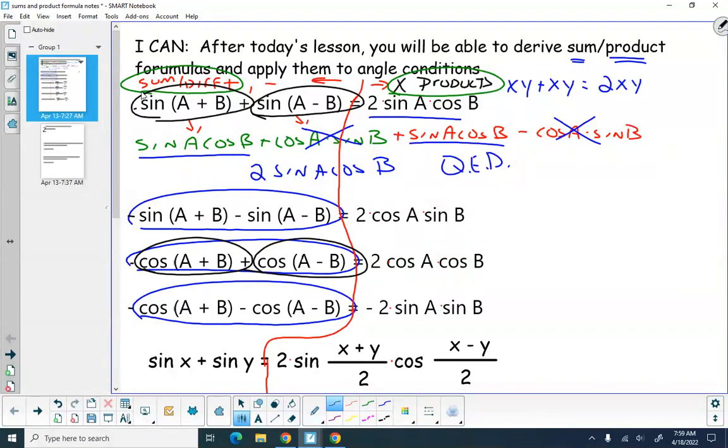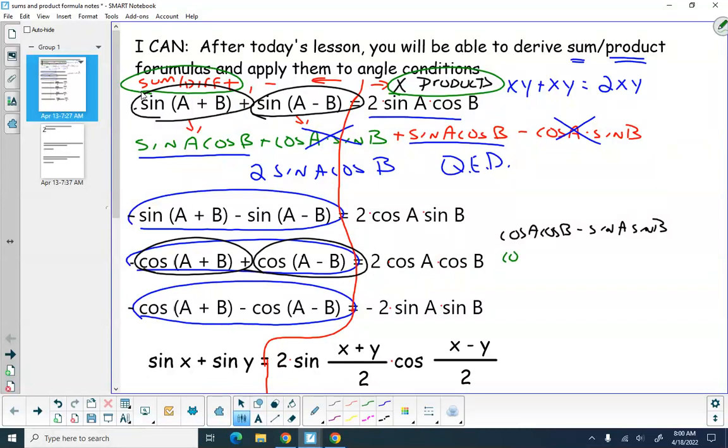If I take a look at the cosine of a plus b and the cosine of a minus b, cosine of a plus b is cosine a cosine b minus sine a sine b. And then when I have cosine of a minus b, everything's going to be the same, except that's going to turn into a plus.